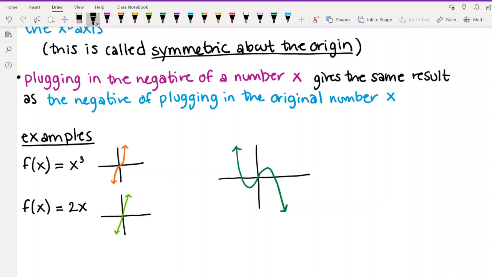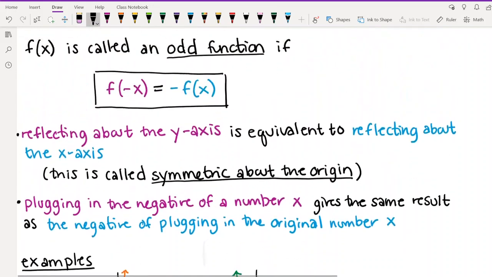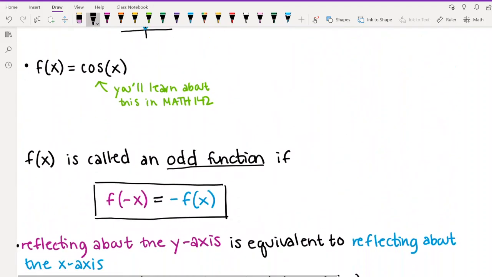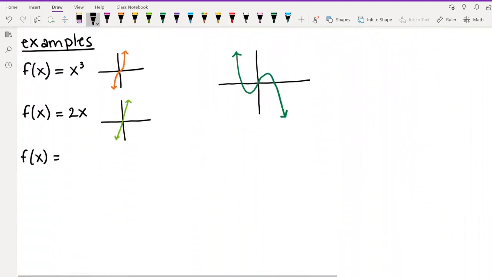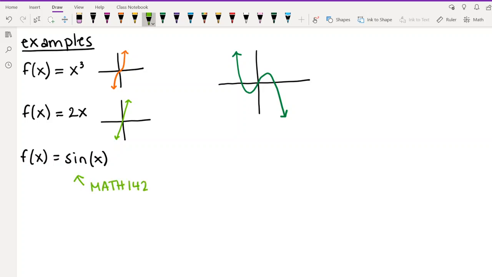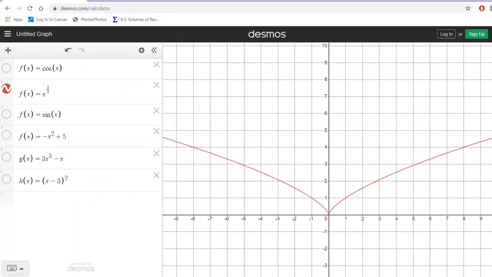Another example would be, we talked about above that graph called cosine of x. That's a trig function you'll learn about in your next math class. Similarly, there's a function called sine of x, which again, you'll learn about in math 142. But I'll show you what that graph looks like.